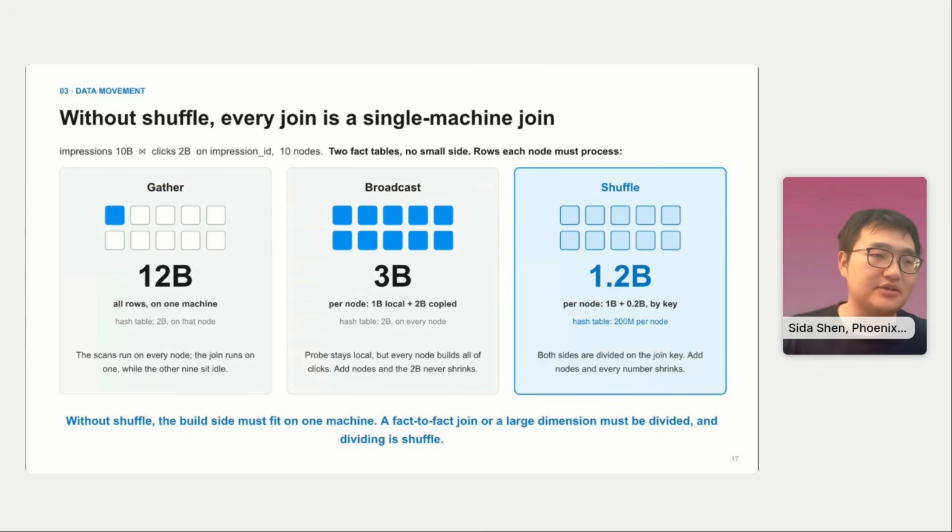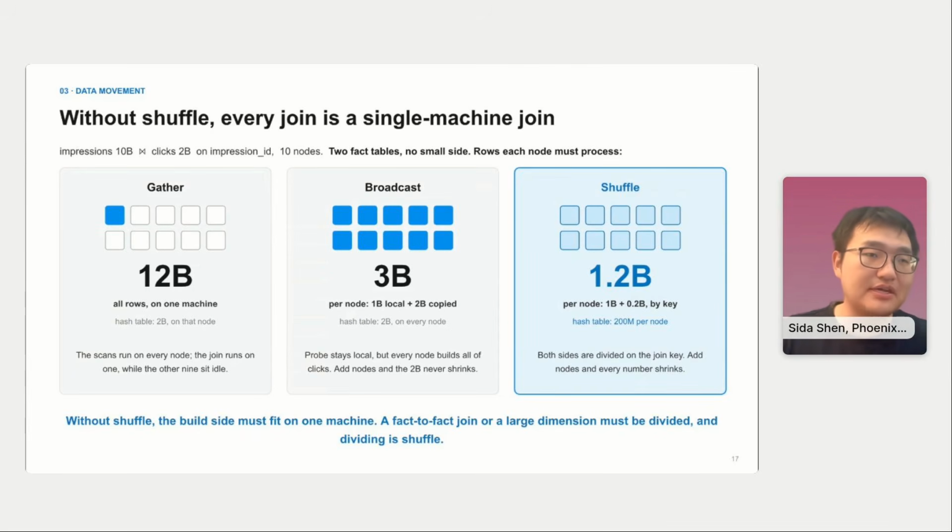Gather is basically running everything on one machine. Actually, some databases still do that today. So on one machine, your memory needs to handle 12 billion rows worth of data at the same time. And a lot of other engines that don't support shuffle, like open source ClickHouse, can do a broadcast join.